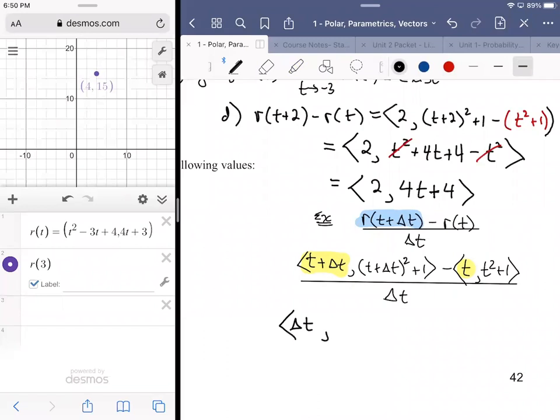Try to be a little bit more precise with the words that come out of my mouth. All right, so T squared plus 2T delta T plus delta T squared plus 1 minus T squared minus 1. I'm distributing on the fly here.